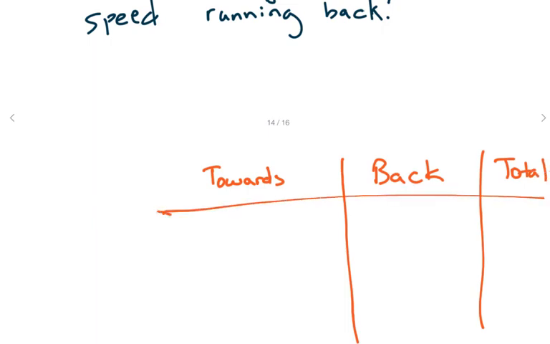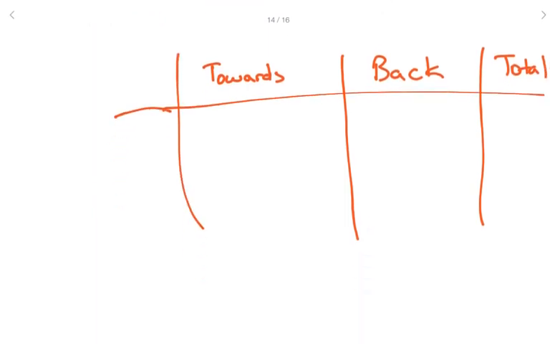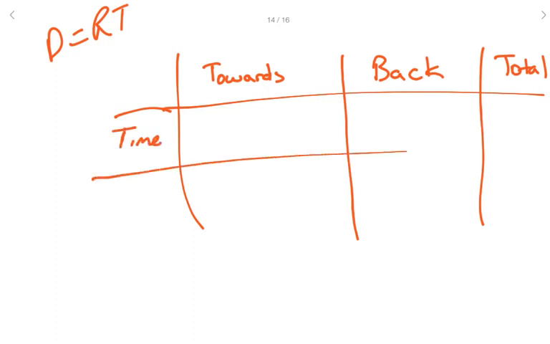Distance is equal to rate times time. So we have the time, we have a rate, and then we have a distance.